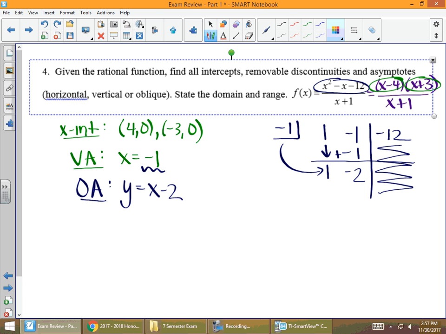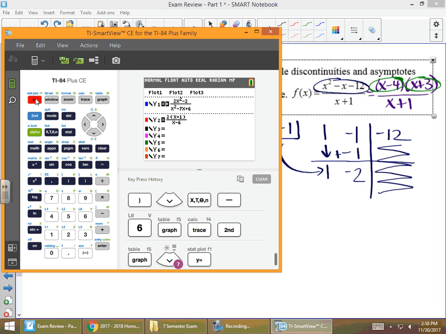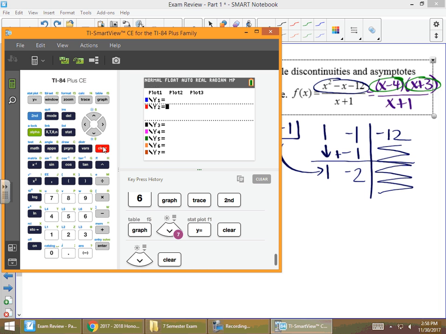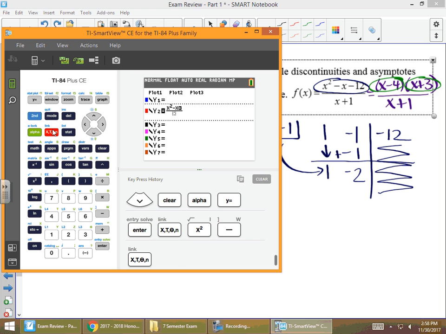You can graph all that together to check. Clear out my last problem. So I have x squared minus x minus 12 over x plus 1.